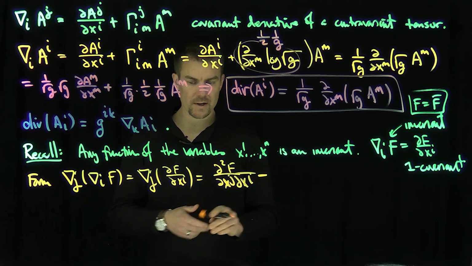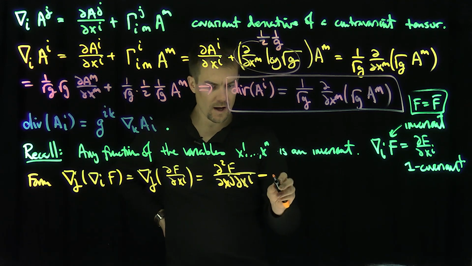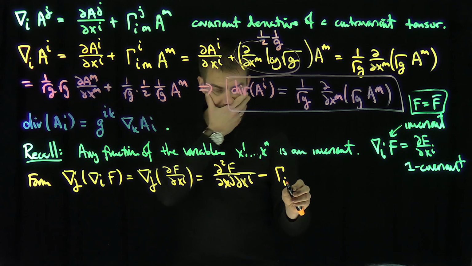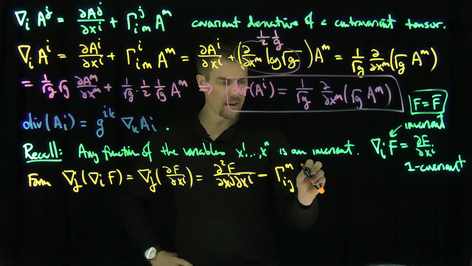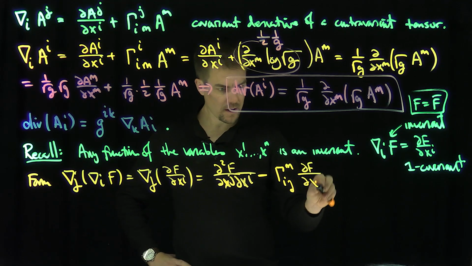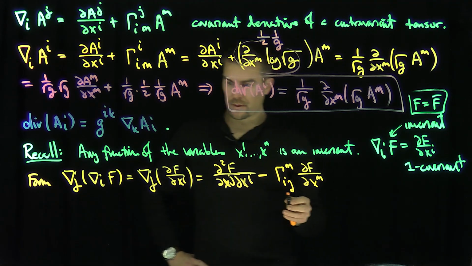And then minus gamma. I need an i. And then with respect to j, I'm going to have a j in the denominator, so I need a j over here, an m over here, and then a partial f, partial xm, like that. Okay? That gives me everything I want.